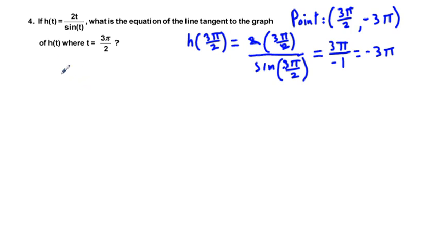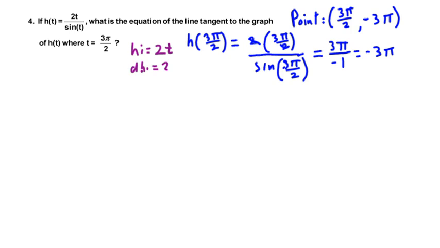Well, for a slope, we have a quotient of two functions. And so the organizing technique that I show my students is the high function we're going to identify as 2t, and the derivative of the high function is going to be equal to 2.